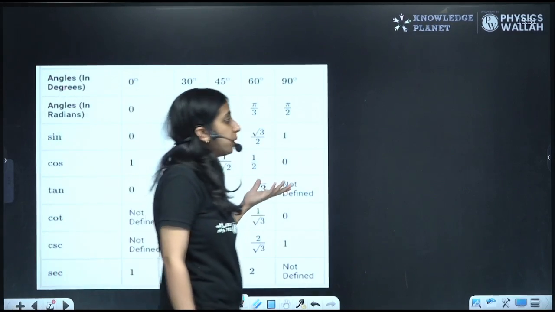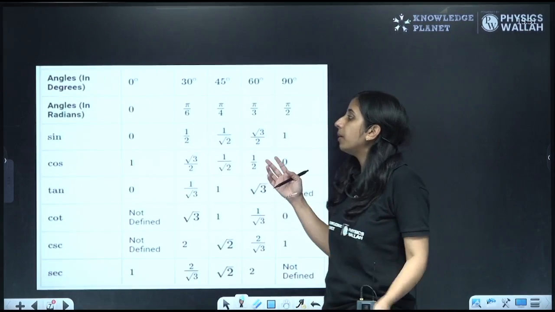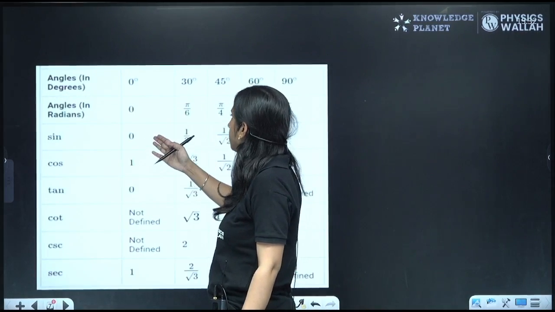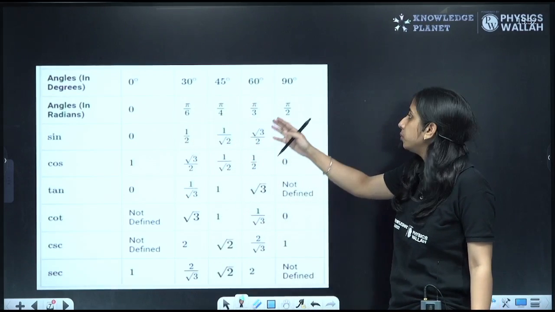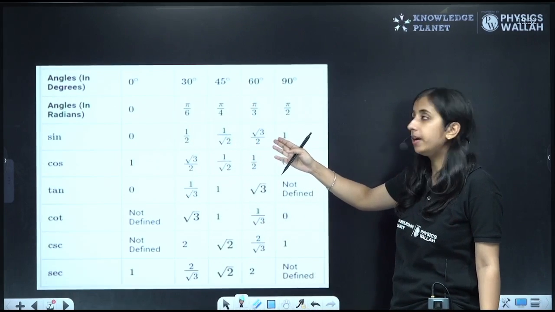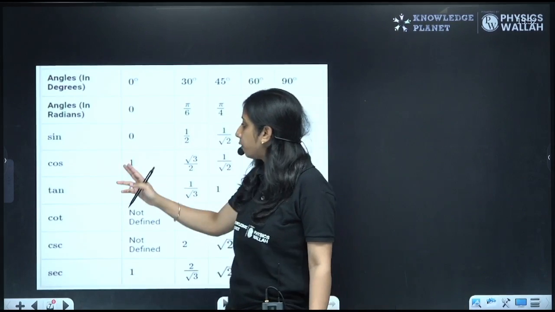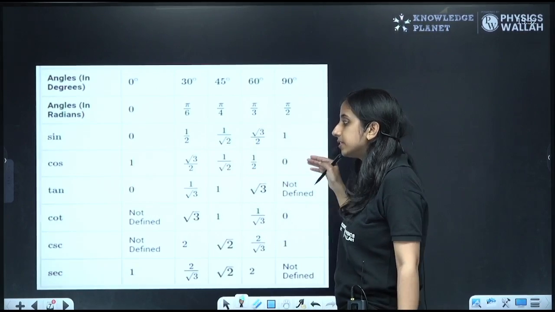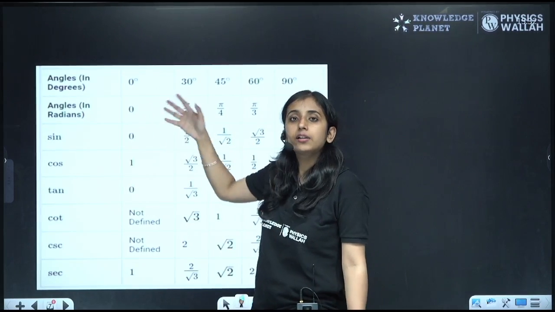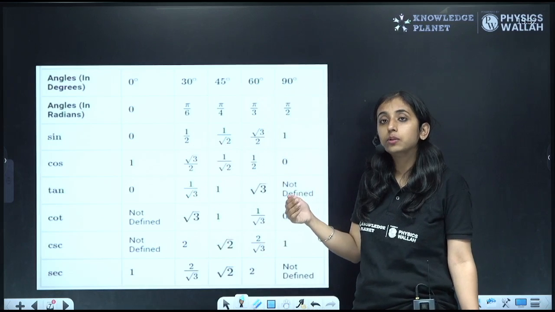I hope we all have studied these values in the 10th standard as well, and we remember these values, that sine 0 is 0, sine 30 is 1 by 2, sine 45 is 1 by root 2, sine 60 is root 3 by 2, sine 90 is 1, and the cos is reverse of this: 1, root 3 by 2, 1 by root 2, 1 by 2 and 0. Then tan is the ratio of sine by cos. Cotangent is 1 by tan, inverse of tan.